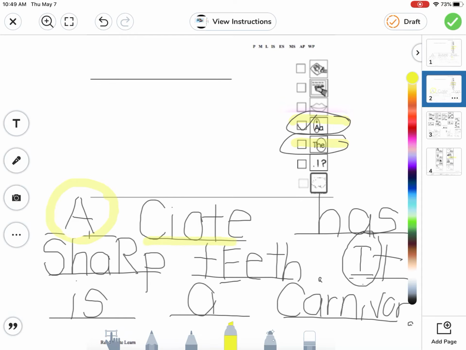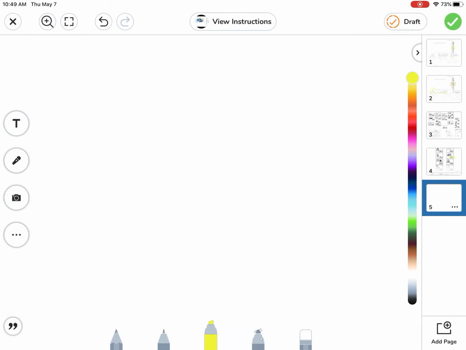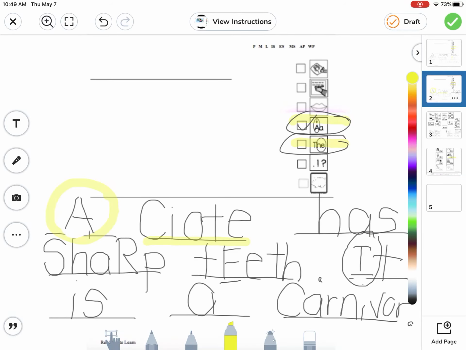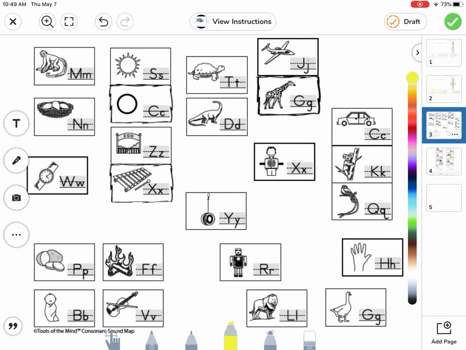All right, I'm right here looking at coyote. That looks good to, whoopsies. That looks good to go. Let's look at the word has. All of those are lowercase. Let's look at the word sharp. Are all of these lowercase? Oh no, look at that R. That R does not look right to me. Let's check our sound map to make sure.